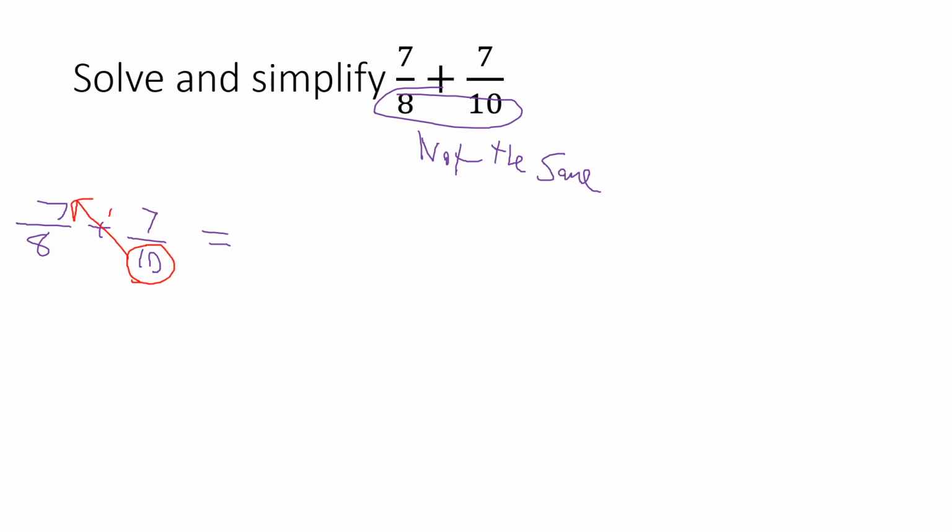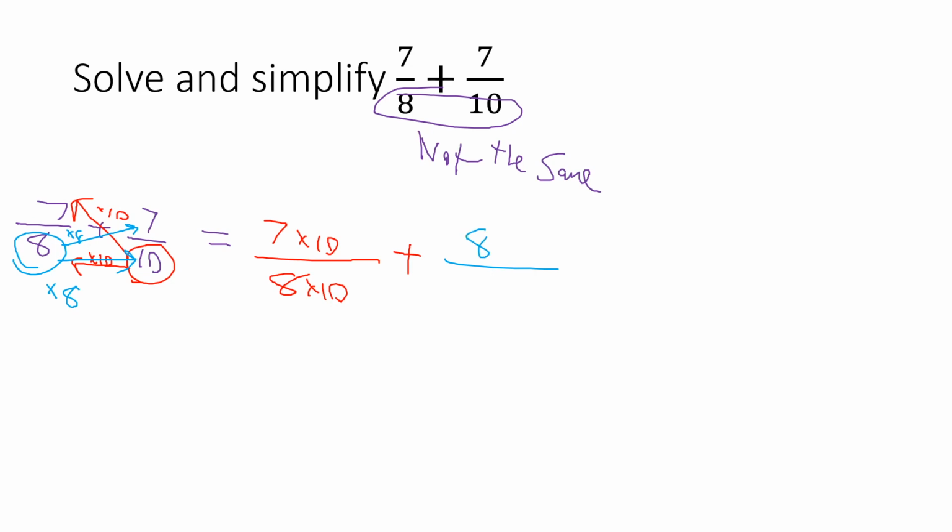We're going to multiply this by 10 and we're going to multiply this by 10. So then this will be 7 times 10 divided by 8 times 10. And likewise, on the other side, we're going to get this 8 and we're going to multiply it by 8. So this will be 8 times 7 and 8 times 10.